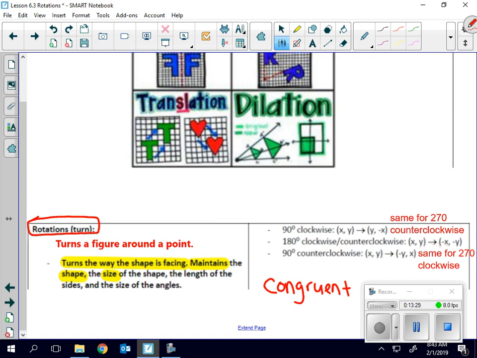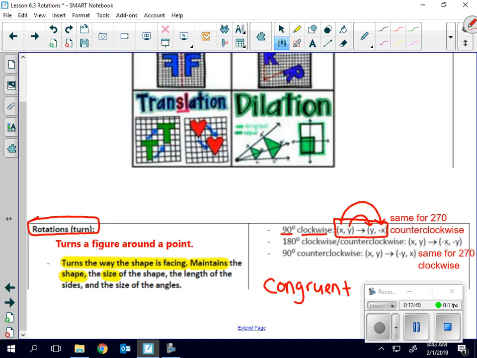All right. And then over here to the right, this is your algebra, we'll call it, okay? This is how we can do it using algebra. So if it's 90 degrees clockwise, this is what you're doing. Your x gets moved over here, made opposite, and the y gets moved into the x spot.